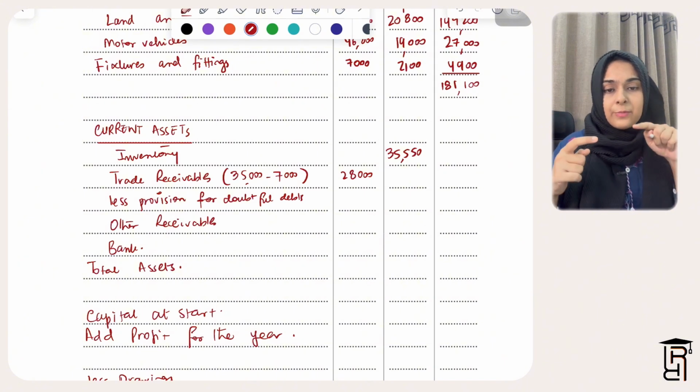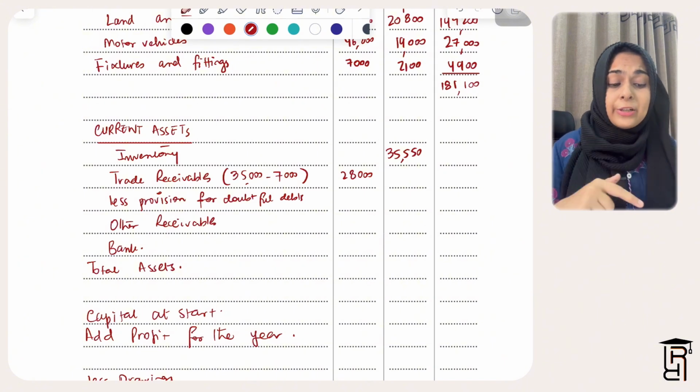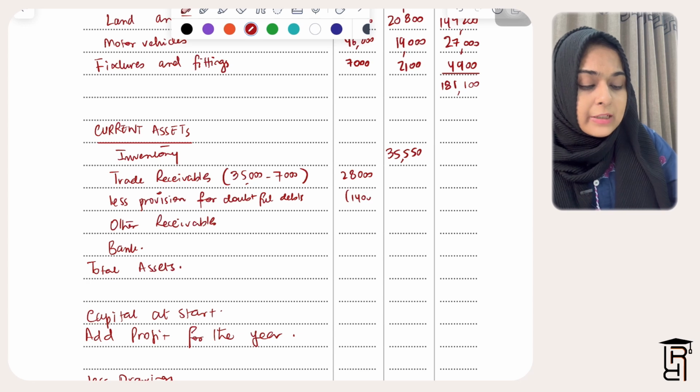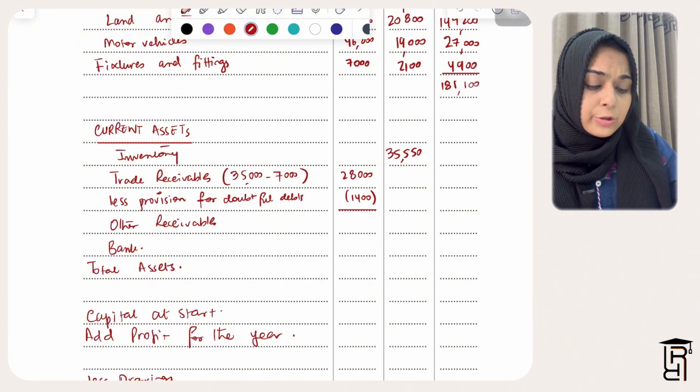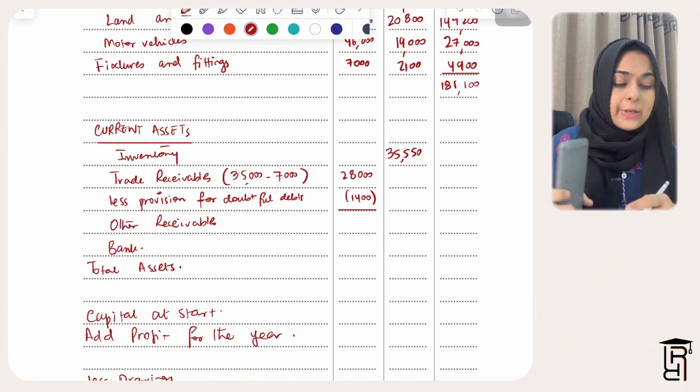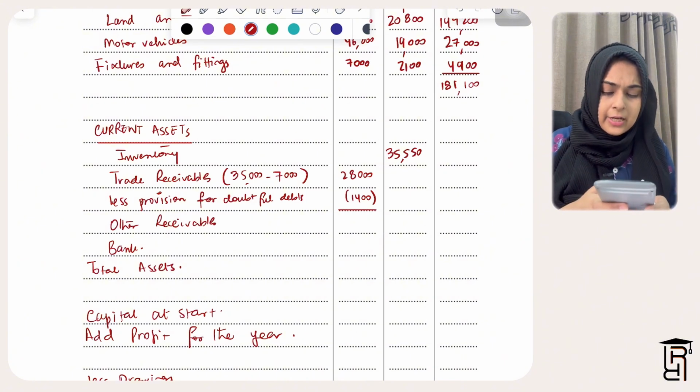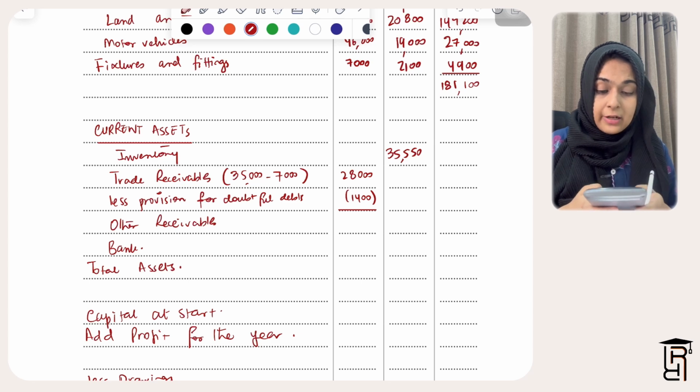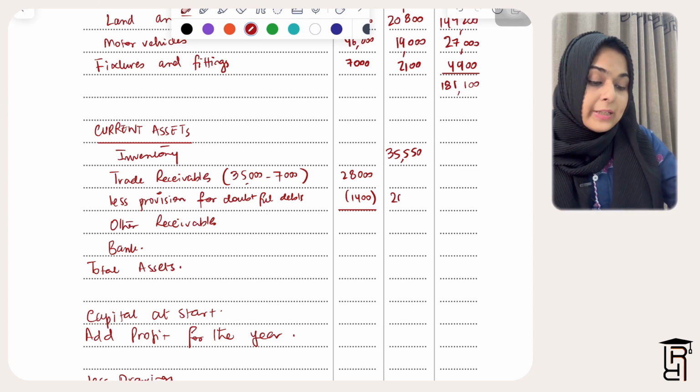In the statement of financial position, you always take what you have calculated for this year, which will be 1,400. So 28,000 minus 1,400 is going to give me 26,600.